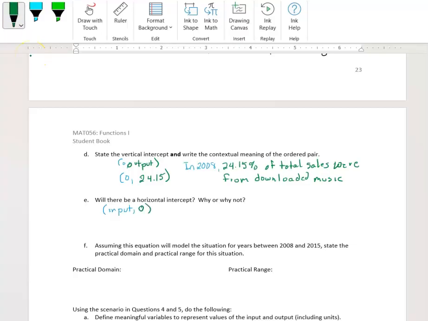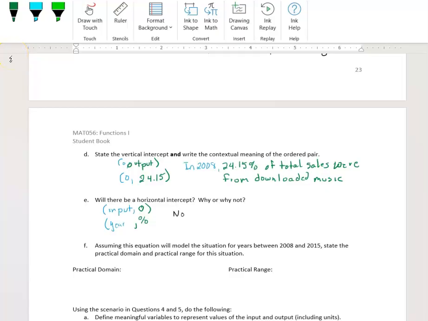This is the percentage, and this is the year, or years since. So is there at any point in time during this time period that we would have 0%?